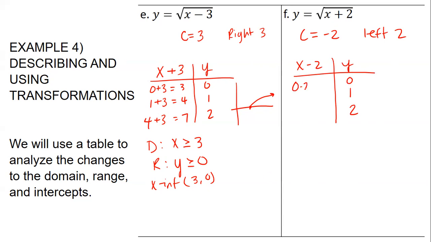So we have 0 minus 2. We have 1 minus 2. We have 4 minus 2. So our new homes are at -2, -1, and +2. So when I think about the graph, it now starts over here. And we go across.